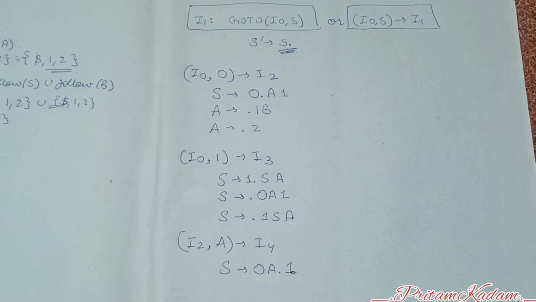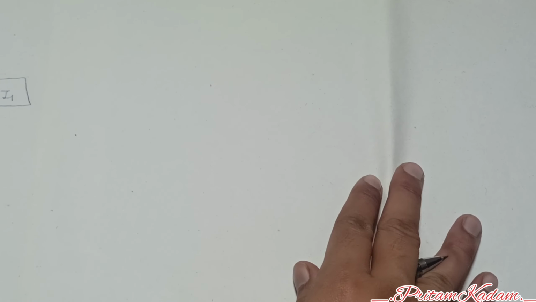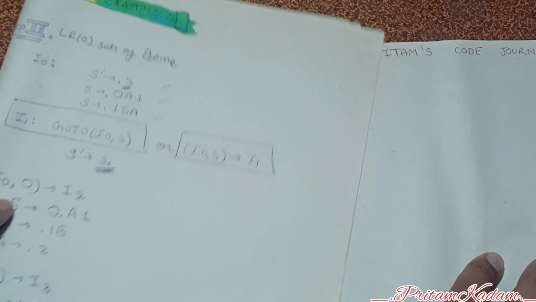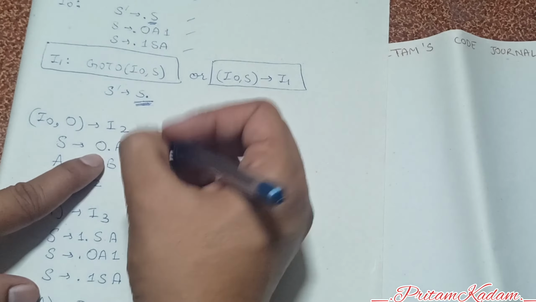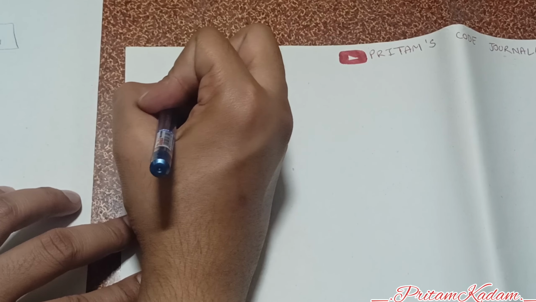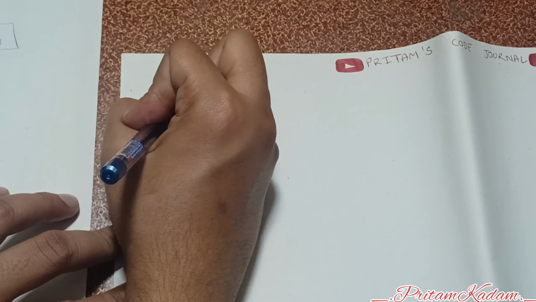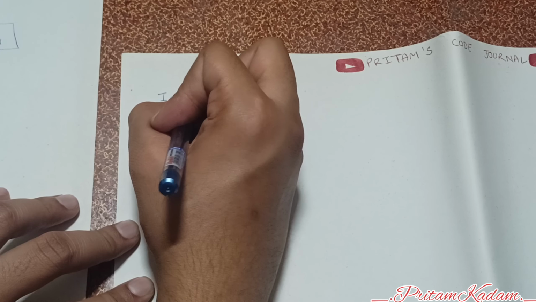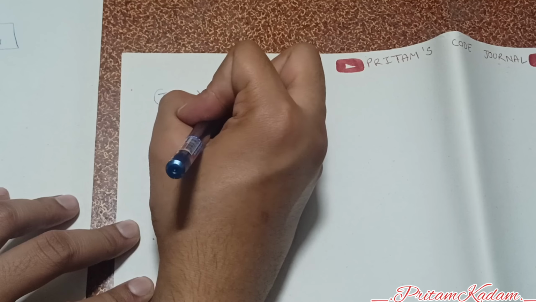Let me just take out another sheet. On passing 1 in the I2 state, we have completed the first one, so we will have the second production. I2 on 1 goes to a new state because we don't have a state like that before.